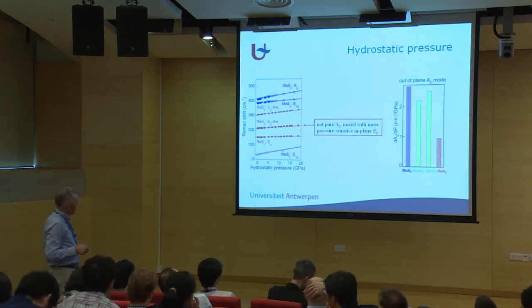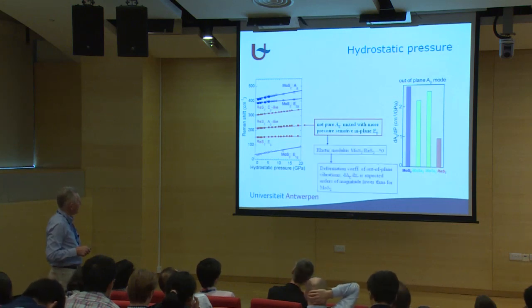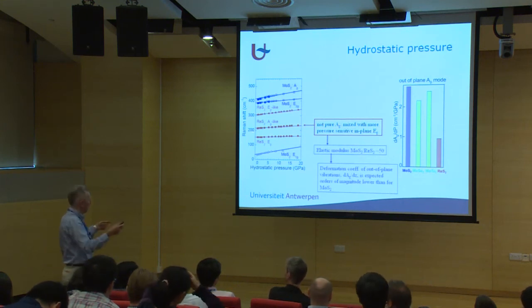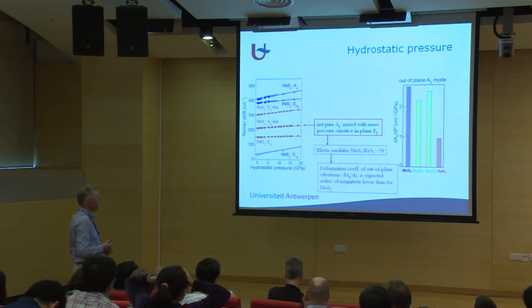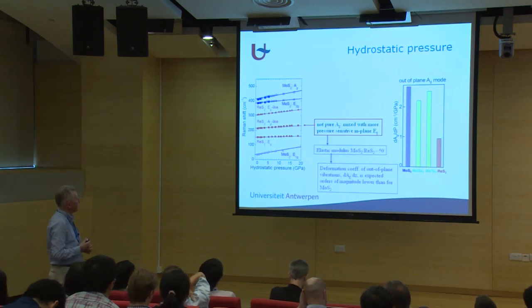The change here is only a few cm^-1. So this one is in fact not a pure AG out-of-plane mode, because you also have some in-plane mixing, and those are more sensitive to pressure.